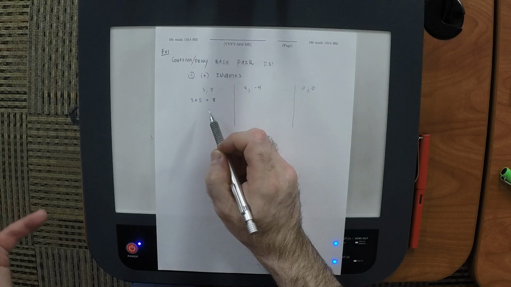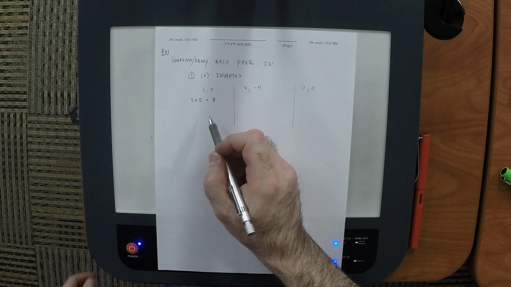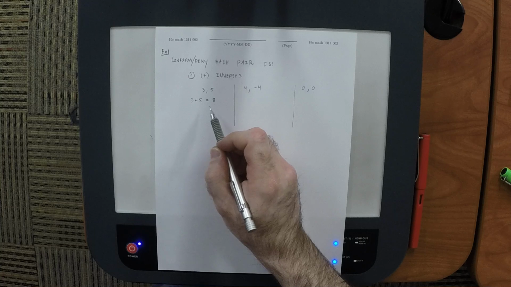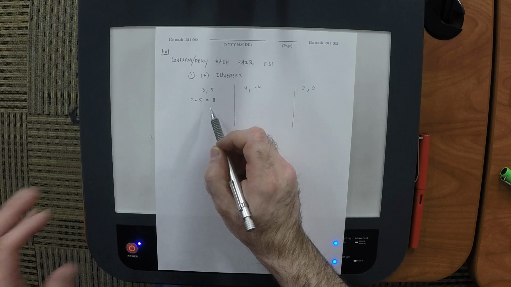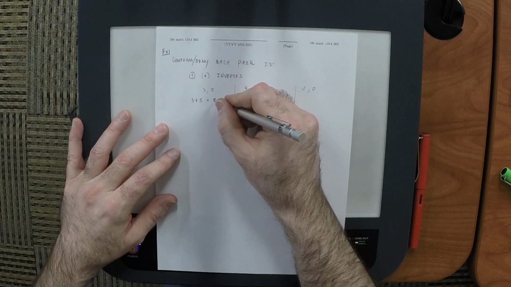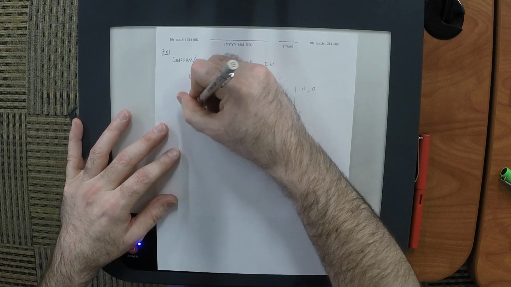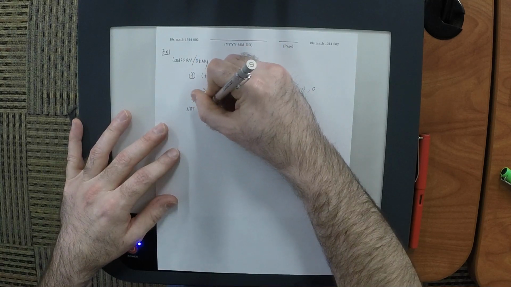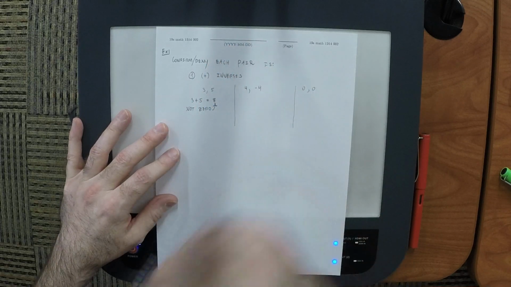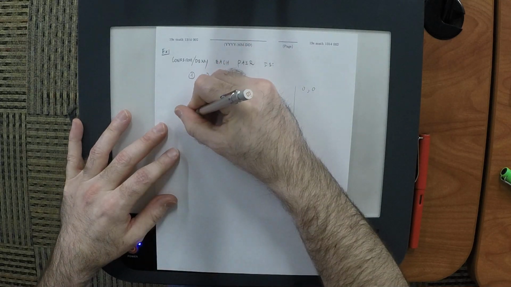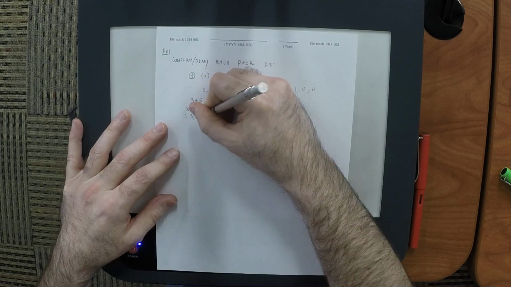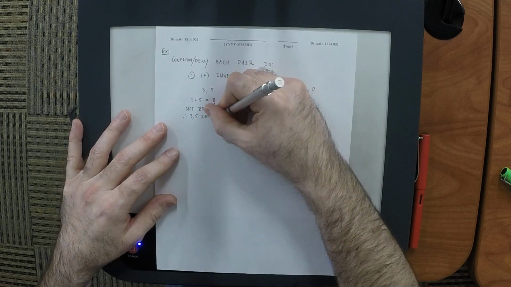But now, how do we answer the question of whether or not these are additive inverses? They are not. I agree that they're not, but why are they not? Because what we got is not 0. Therefore, 3 and 5 are not additive inverses.